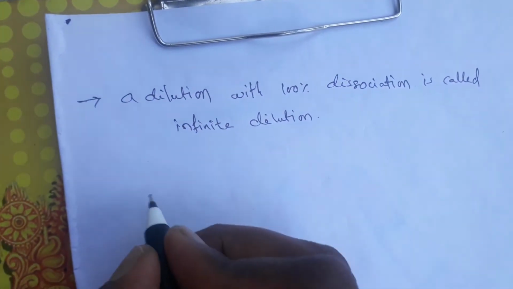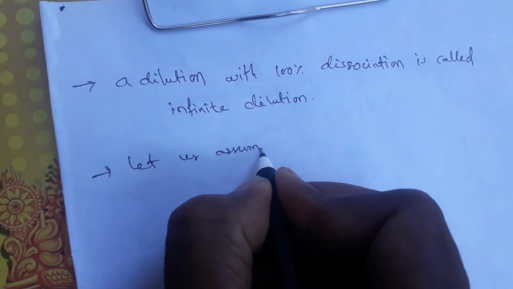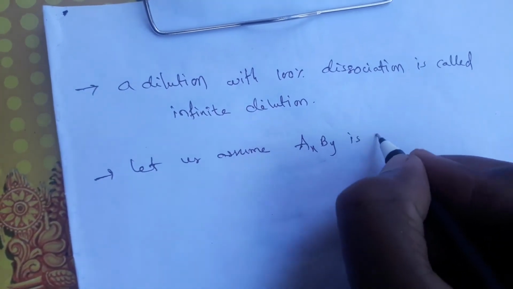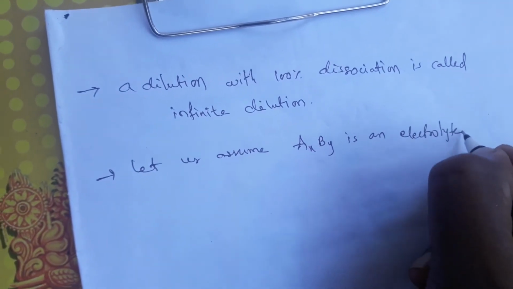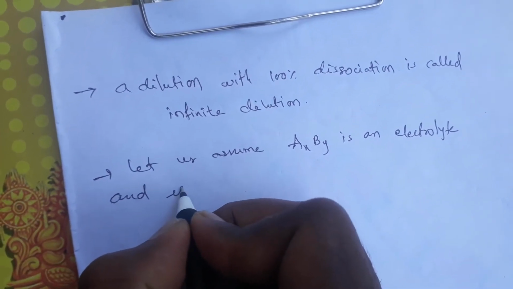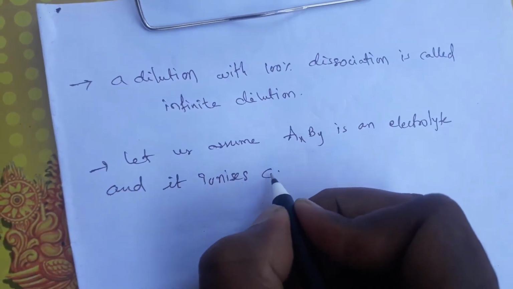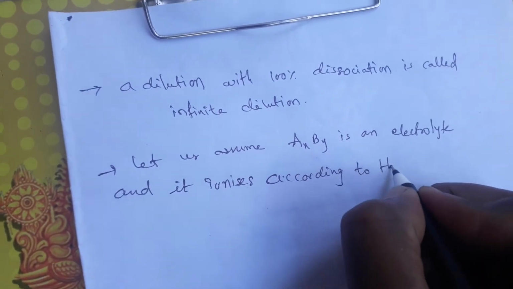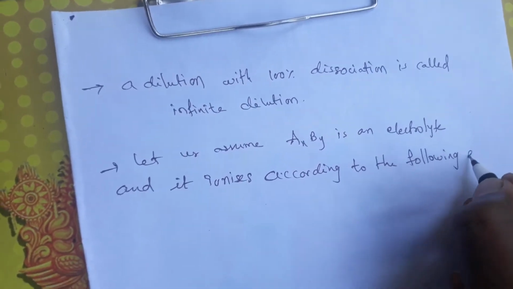So let us assume AxBy is an electrolyte and it ionizes according to the following equations.